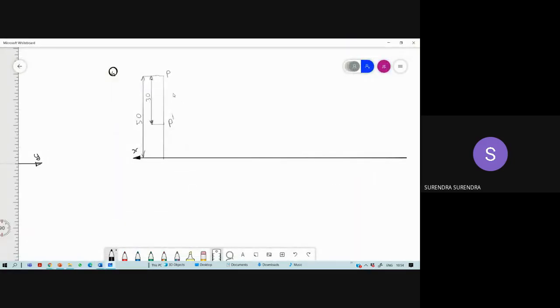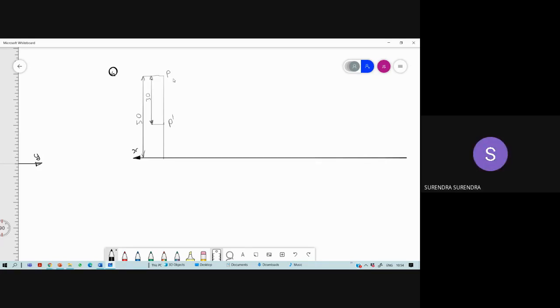So observe, when both front view and top view are above XY line, what is the possibility? Front view above XY line means the point is above HP. Top view above XY line means the point is behind VP.